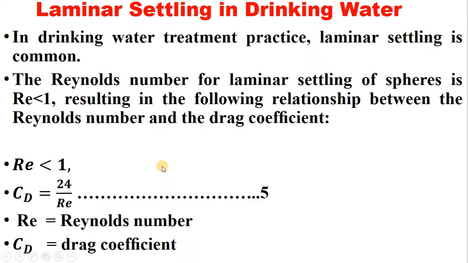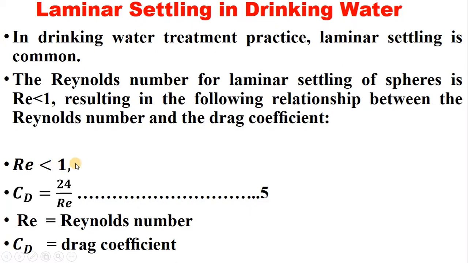D is the diameter, which is in meters. Then let us look at laminar settling in drinking water, which is common. In drinking water treatment practice, laminar settling is common. The Reynolds number for laminar settling of spheres is less than 1, resulting in the following relationship between the Reynolds number and the drag coefficient.